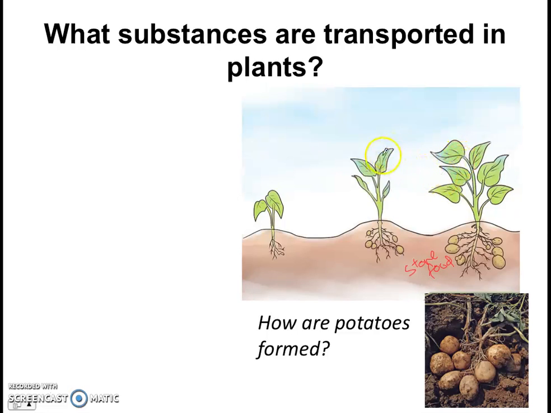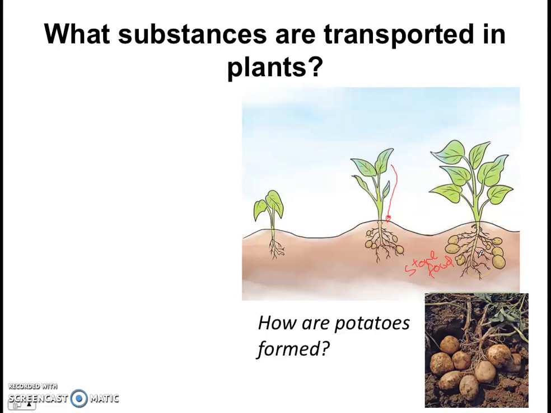So potatoes are formed when food made in the leaves is transported down underground to be stored in the potato. So over time, food is transported down from the leaves, stored in the potato, and the potato grows bigger and bigger and bigger until it becomes big enough to be harvested to become French fries for you to eat.